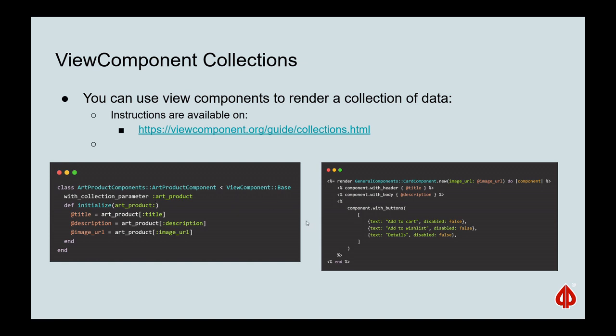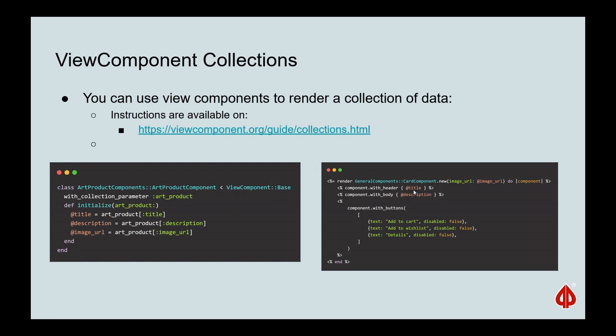And you don't need to use a for loop or each loop. You just simply write the HTML for one component. Here I reuse the card component. So the general card component that I already created, I added the header and I passed the title that I wanted. My art product is an object.